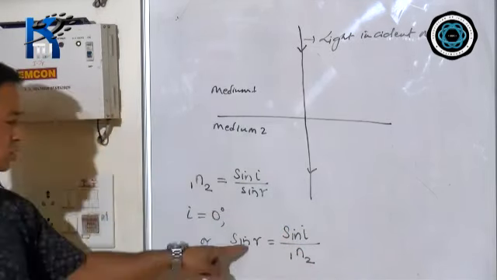Look at this relation. i is how much? 0 degree. So sin r equals sin 0 degree divided by the refractive index of 2 with respect to 1. And you know the value of sin 0 degree is 0. That means 0 divided by any number is 0. So sin r is 0.